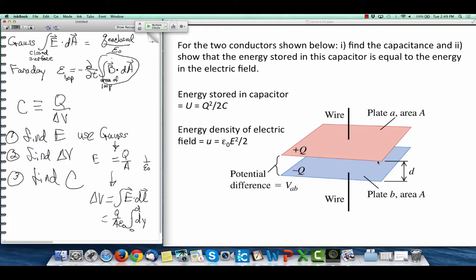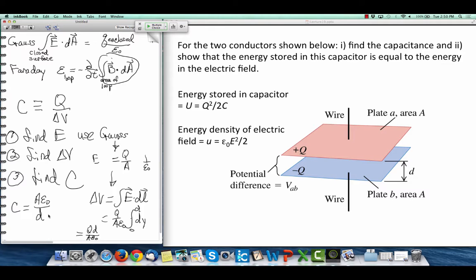I've got to be careful about signs here, but I'm not going to be very careful about signs. This integration over the length is just d, the distance between them. And so delta V is Q times d over A epsilon zero. And so the capacitance is Q over delta V. If I divide this delta V into Q, what do I get? A epsilon zero over d for the capacitance of this capacitor.